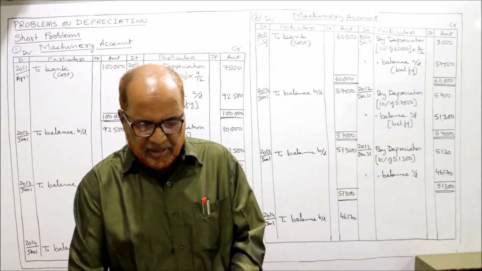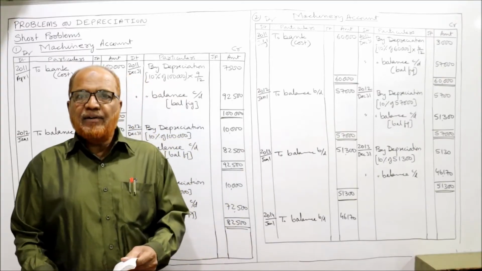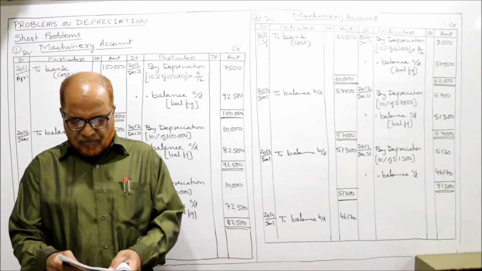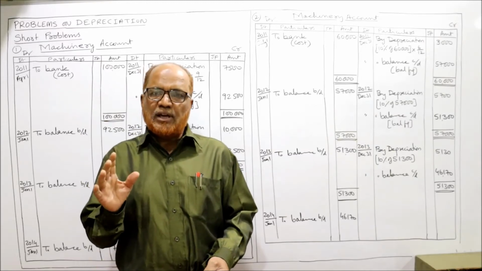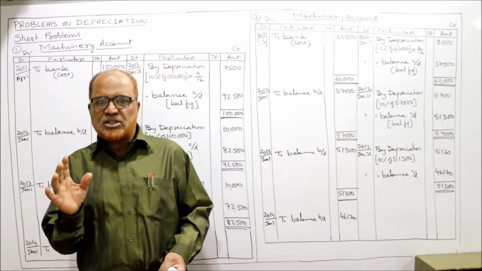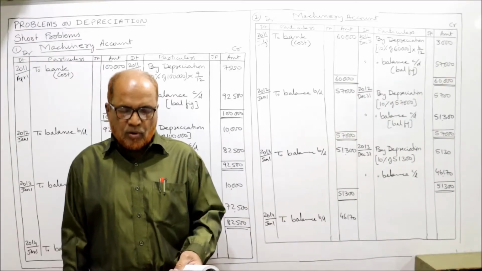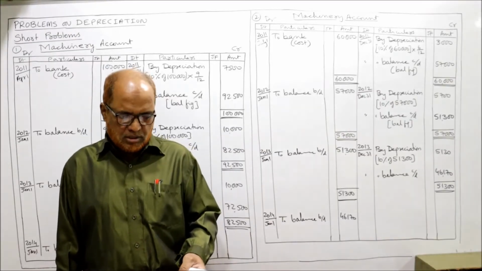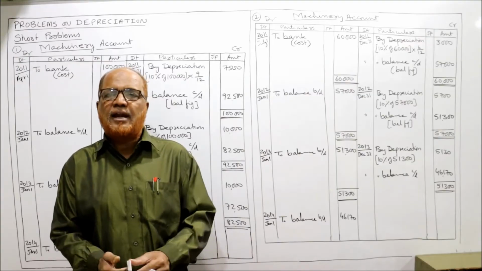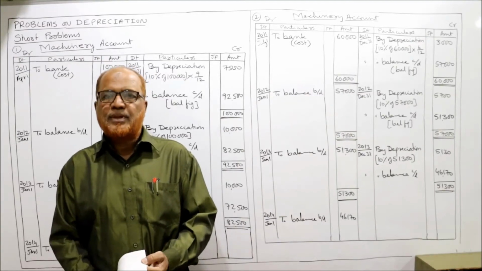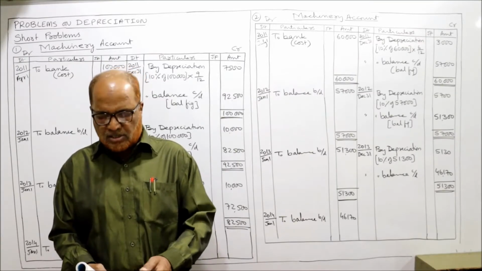Now, the second problem I am reading out. Listen carefully. A firm purchased a machine on 1st July 2011 for rupees 60,000. Depreciation is written off at the rate of 10% under the reducing balance method, reducing installment system.